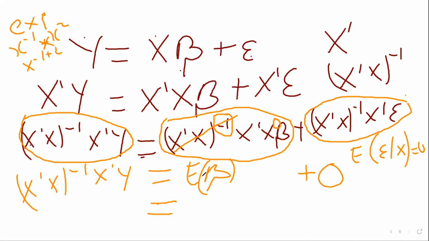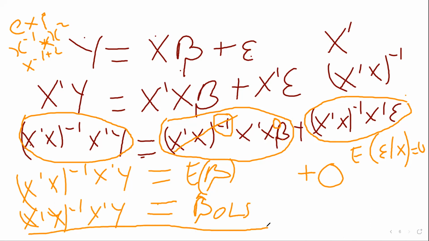So the expected value of beta will be what we call beta cap, which is the OLS estimator, and this will be equal to x prime x to the power -1 x prime y.